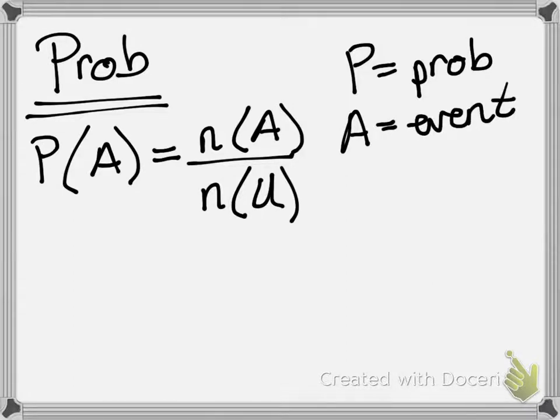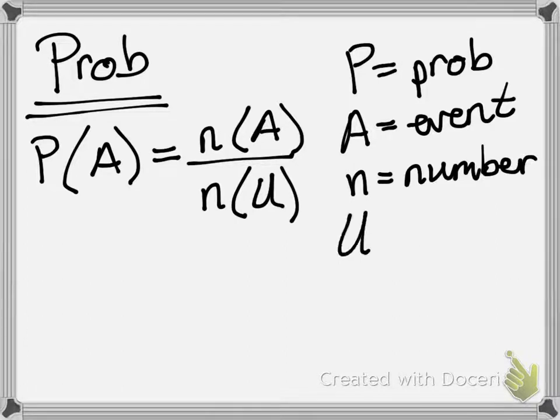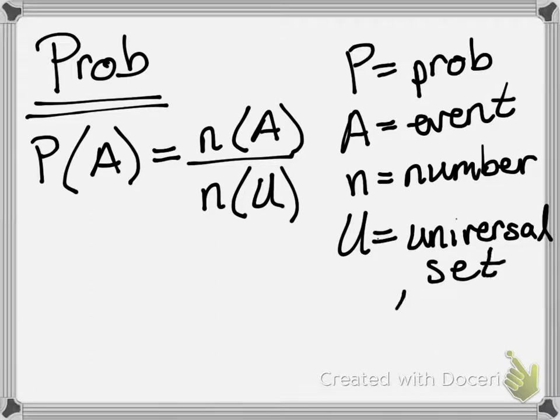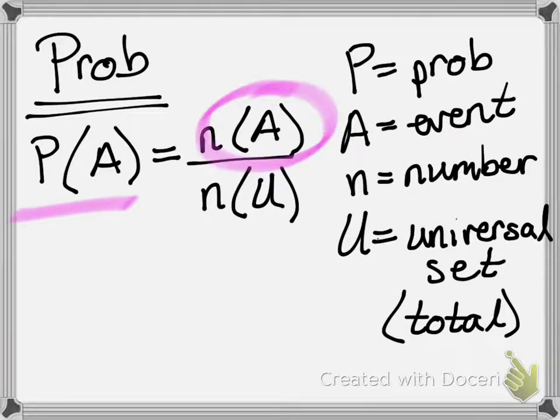We could say A stands for this or B or anything. The lowercase n stands for the number, so we're going to count how many times that it's possible. And the capital U stands for the universal set. Basically, that's the total. So anytime you want to find the probability of something, you take the number of that event happening and divide it by the total amount.